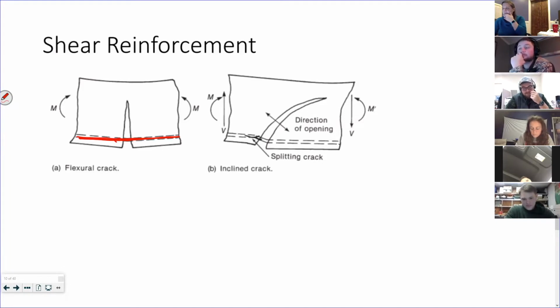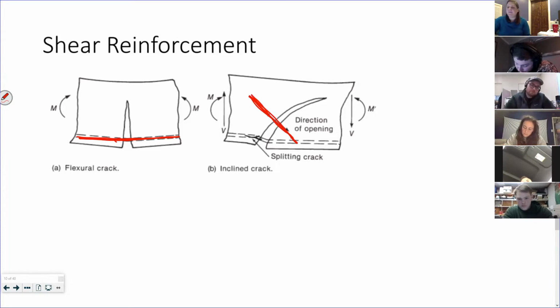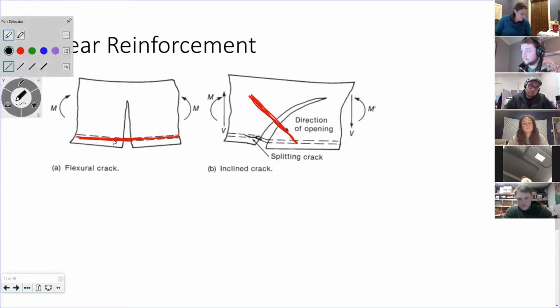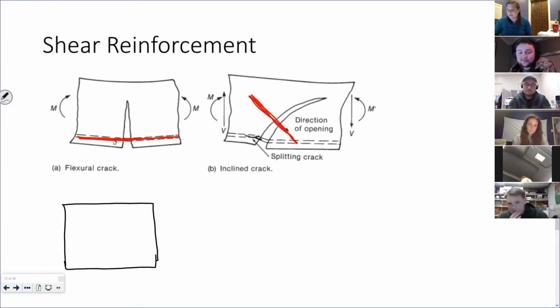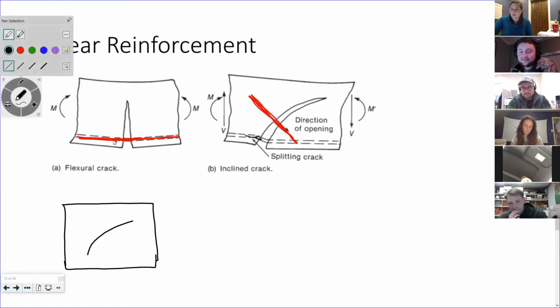If I now have an inclined tensile force, I could put my shear reinforcement at an incline. Not going to, surprise, surprise. But you could. So here's your crack. You could put inclined reinforcement.